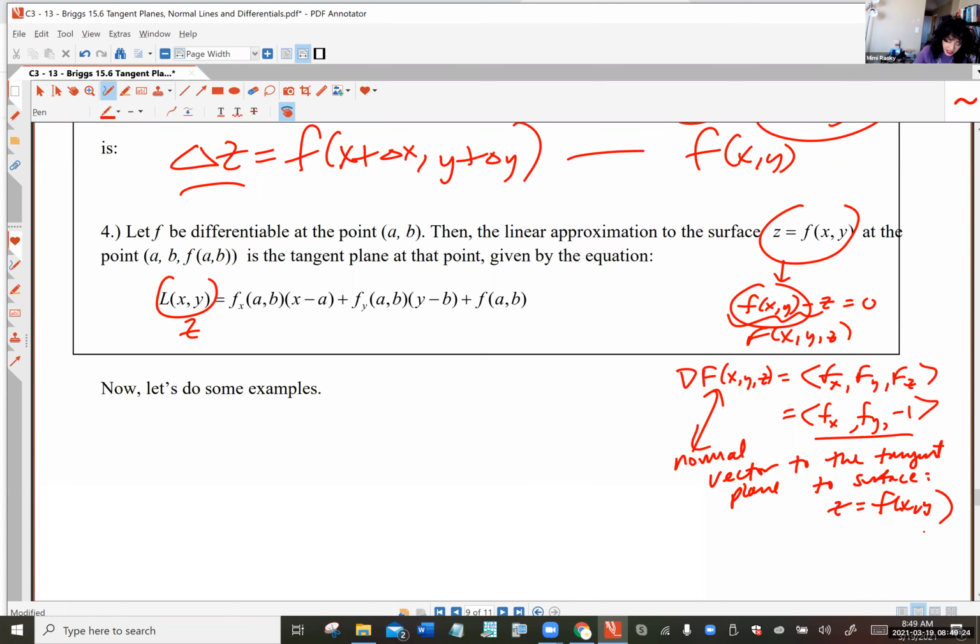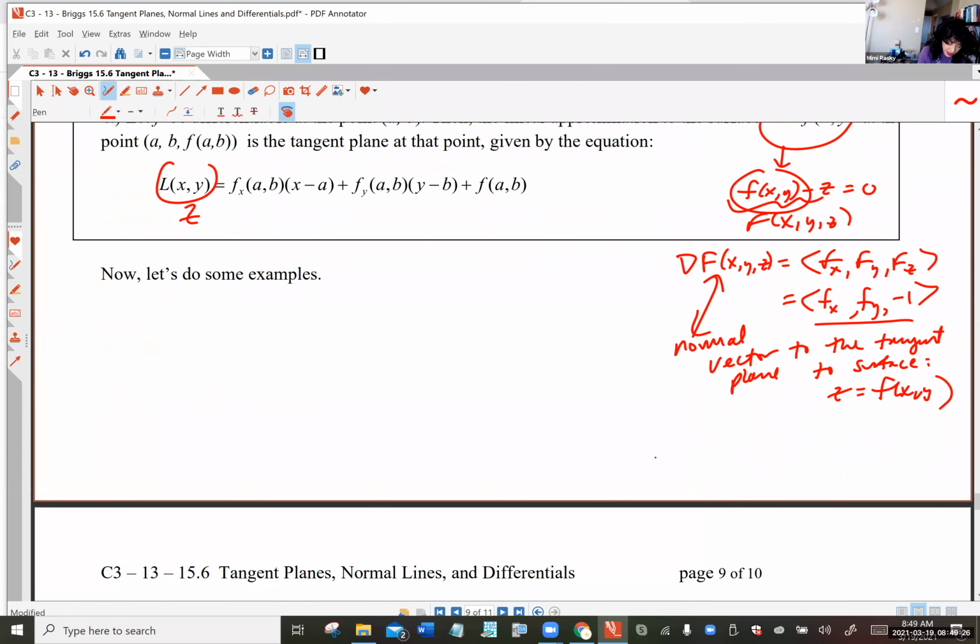And if you'll recall, to get the equation of a tangent plane, you take your normal vector components. If this is the equation in standard form, x minus, let's say you do it as a point x1, y1, z1, but they're using a, b, and f of a, b, so I should use that as the coordinates.